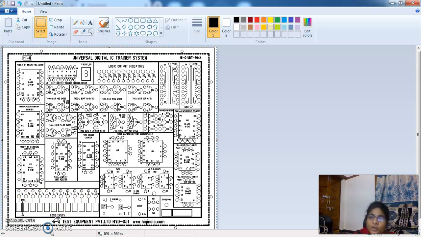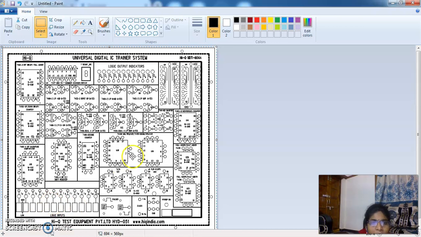In the half adder experiment we have A, B inputs, and sum and carry are the outputs, right? So we want to give the inputs A and B as 0 0, 0 1, 1 0, 1 1 like that. You can consider any 2 inputs as A and B. You can change 0 to 1 or 1 to 0. Like that you have 4 combinations if you take 2 inputs.